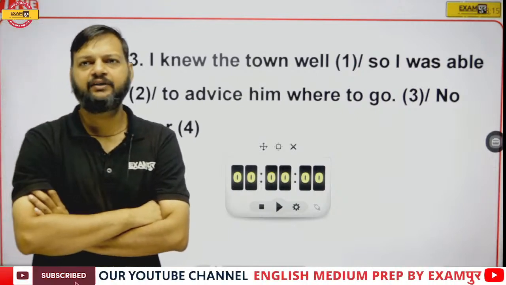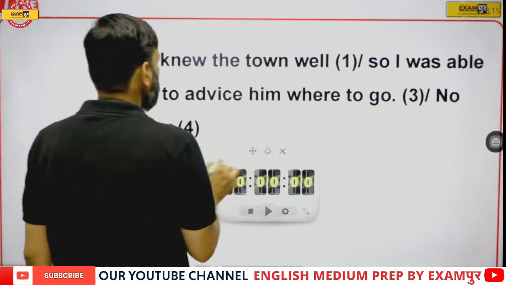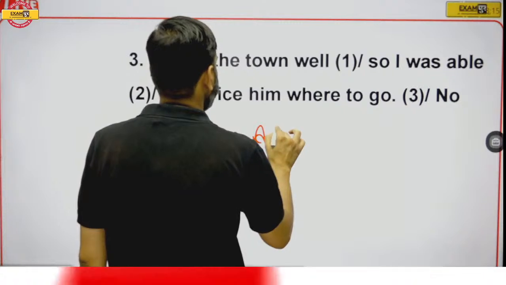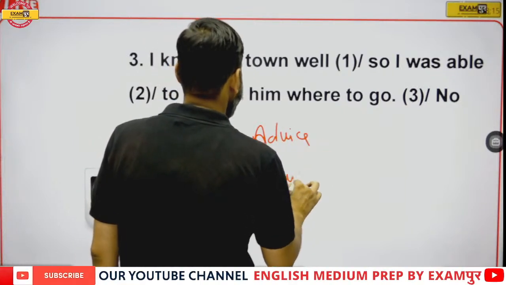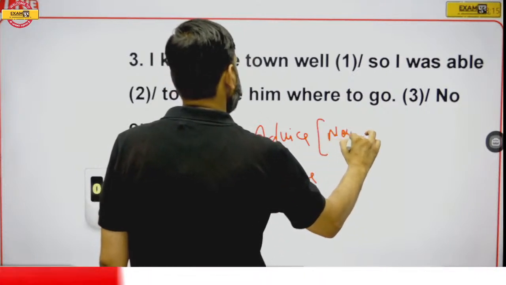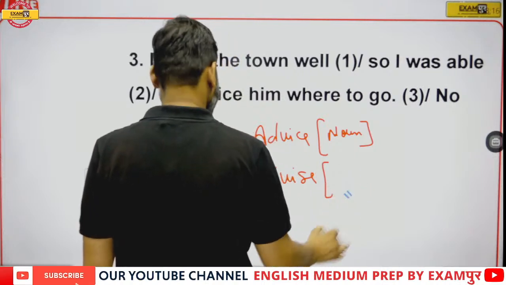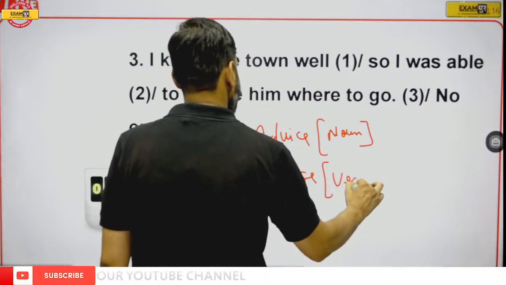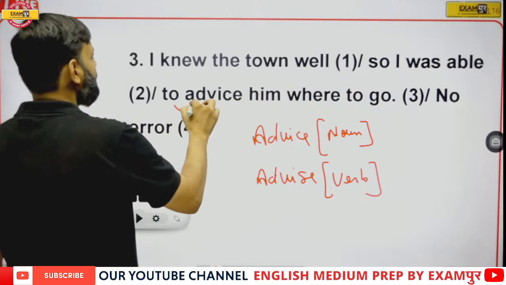Yes, Sravani, you are absolutely right. See, there is a difference between these two spellings, ADVICE and ADVISE. ADVICE is a noun, and ADVISE is a verb. To is not followed by a noun.